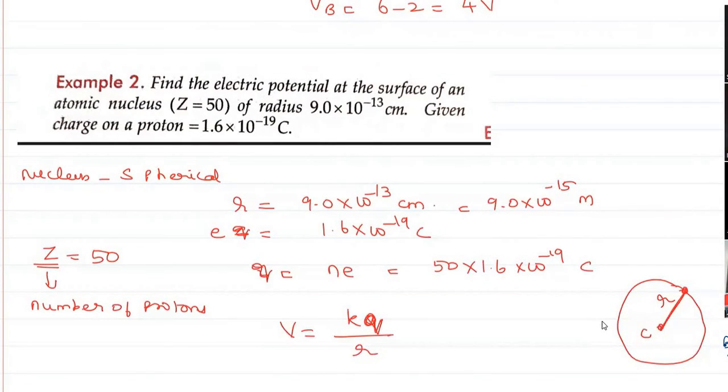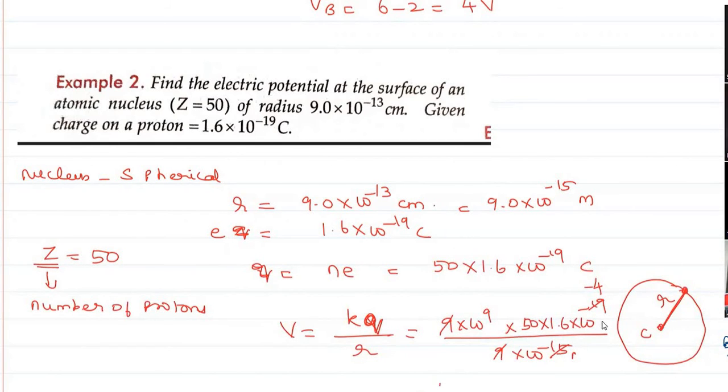So 9 into 10 to the power 9. What is the value of K? 9 into 10 to the power 9. What is the Q value? It is 50 into 1.6 into 10 to the power minus 19, upon the distance, 9 into 10 to the power minus 15 meter. So 9 will get cancelled here. In this, it will become 4 minus 4.